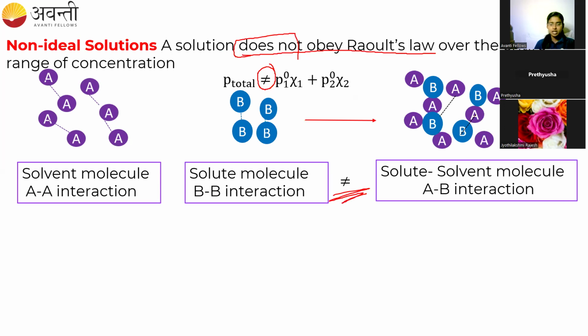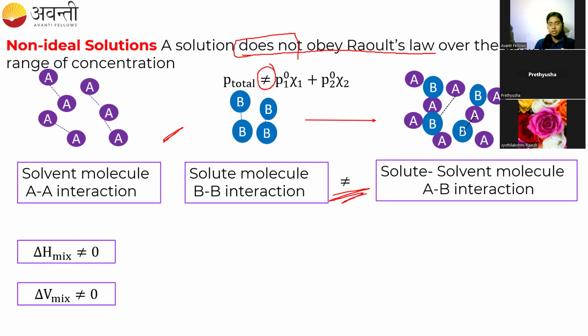Since the attraction is not equal, the initial value is different from the final value because of the different interactions. So in that case, delta H mix, which means change in enthalpy of the mixture, mixture in the sense solution, will not be equal to 0. Change in volume, delta V mix, is also not equal to 0. So here everything is not equal to 0.